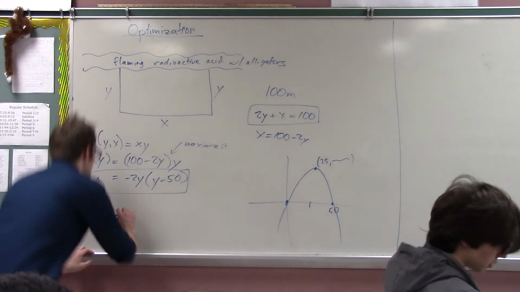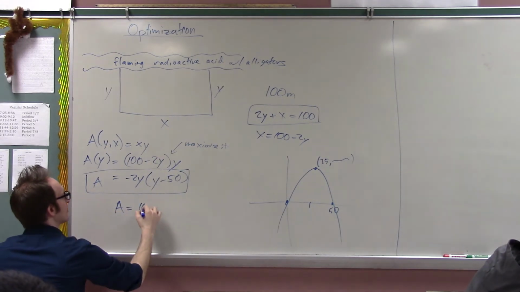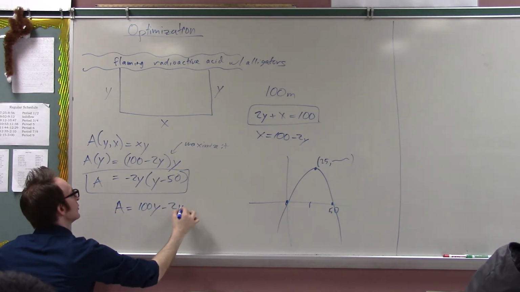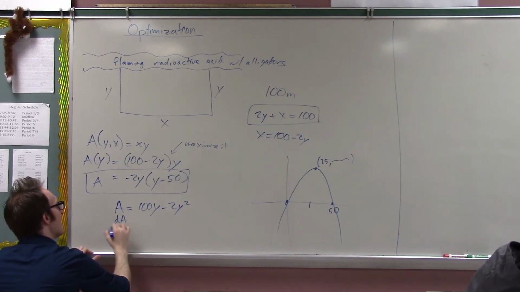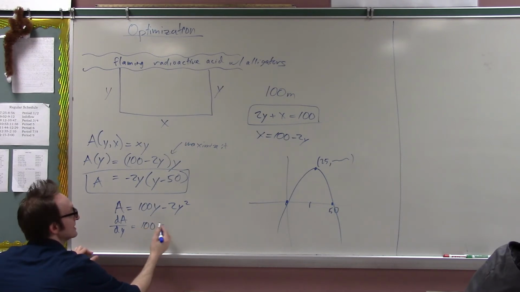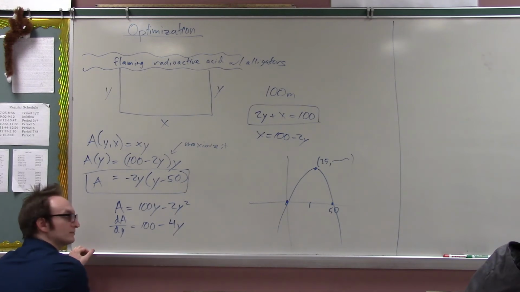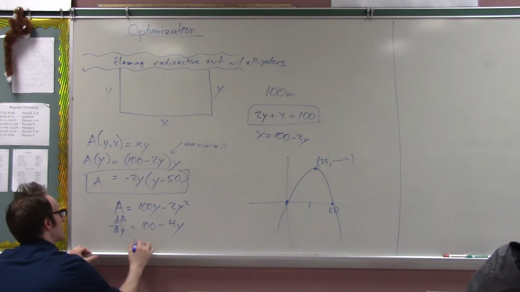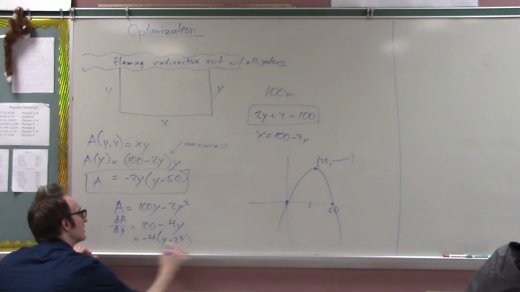You could just take this area function and write it as 100y minus 2y squared, and differentiate, so we get dA/dy, and that is going to be 100 minus 4y. And that can also be factored as negative 4 times (y minus 25).